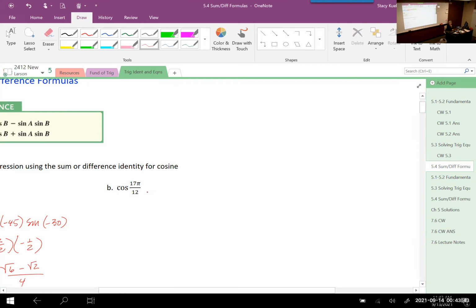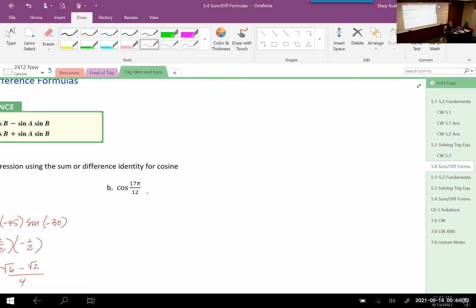And there's multiple numbers. Let's do just add. I want to know what two numbers add together from the unit circle to give me 17 pi over 12. Just take a second. Use your calculators.